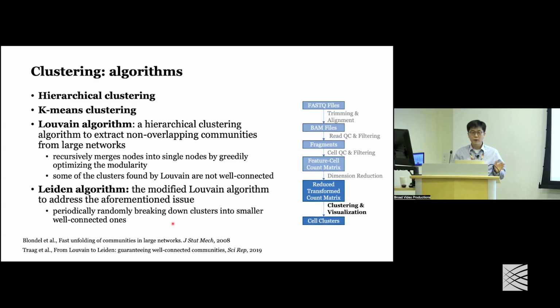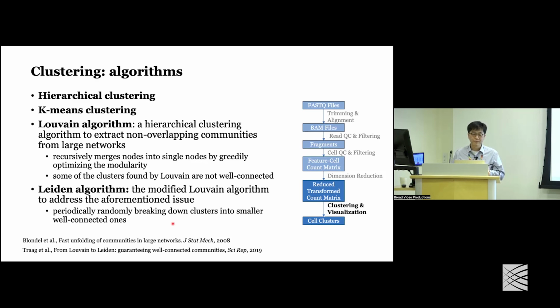Okay, so now we have a graph. What's next? Just perform the clustering algorithm. Hierarchical clustering and k-means clustering are the two most widely used methods. For the hierarchical clustering, the Louvain algorithm and Leiden algorithm are the most popular.